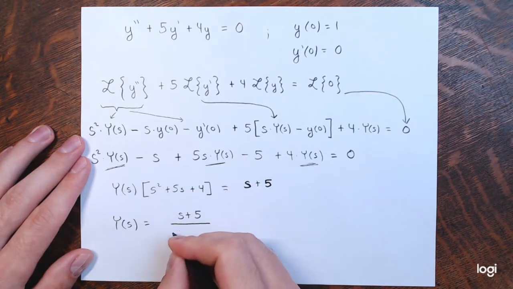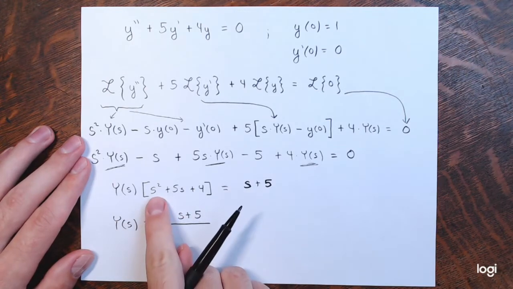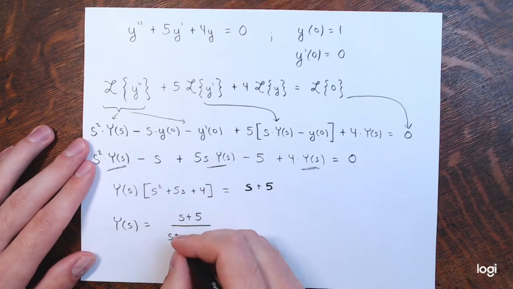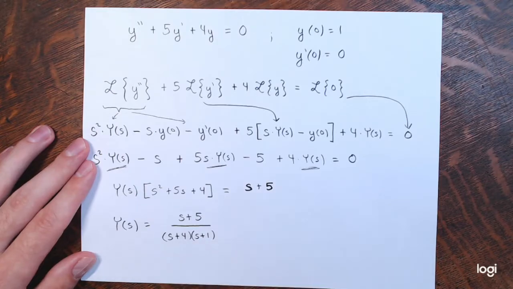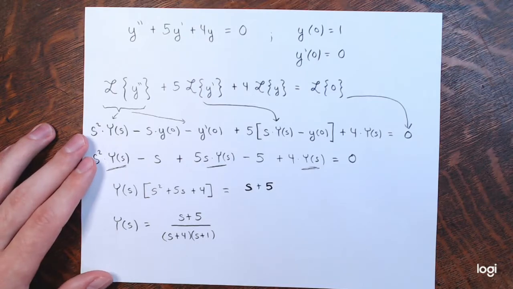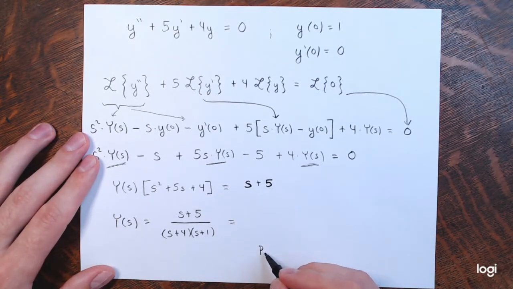divided by s squared plus 5s plus 4. I'm going to factor this right now. S squared plus 5s plus 4 factors to s plus 4 times s plus 1. And now I'll do the partial fraction decomposition, PFD.